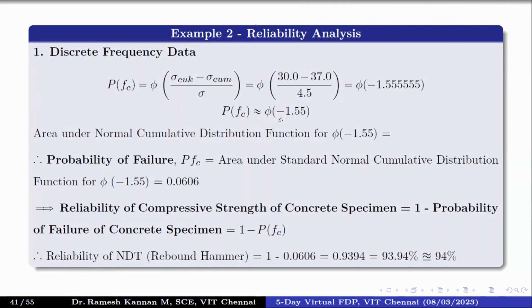Kindly make a note that if it is plus, the entire meaning will be different. Our mean is greater than the characteristic compressive strength, so that's why it will be in the negative range. When the normal distribution value is negative, our experimentation has positive contributions, which means it's more reliable. If it is positive, then we are only about 50% surpassing the reliability value or something like that.